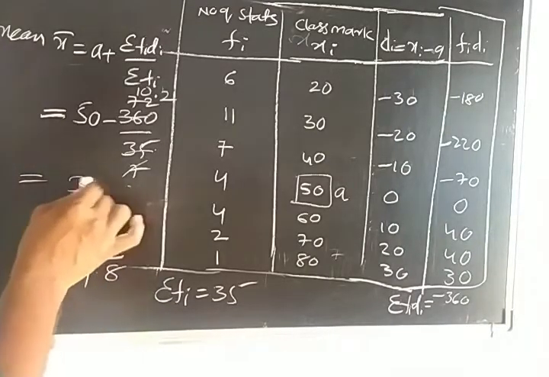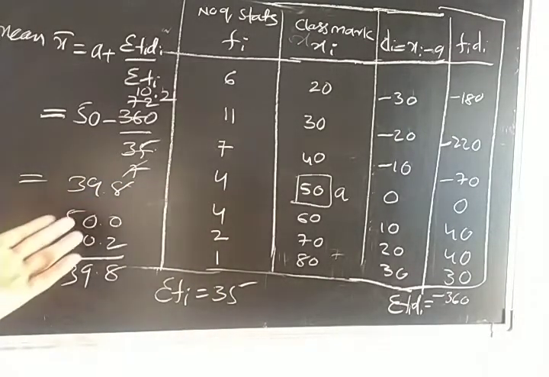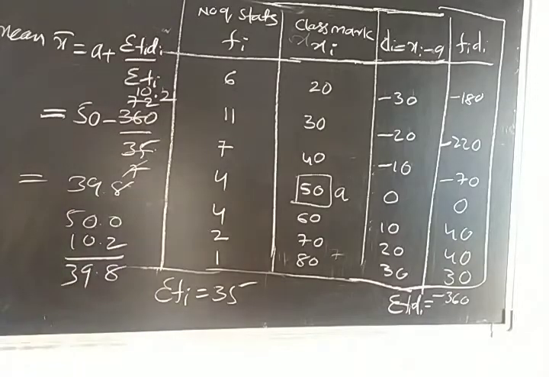So this is 39.8, approximately 39. In the direct method also we got 39 point, and in the assumed mean method also we got 39 point.